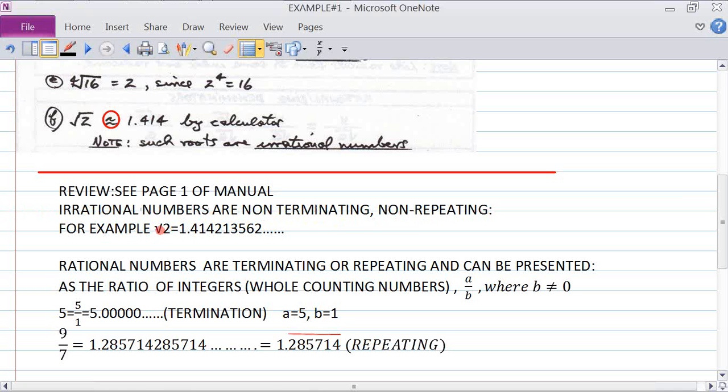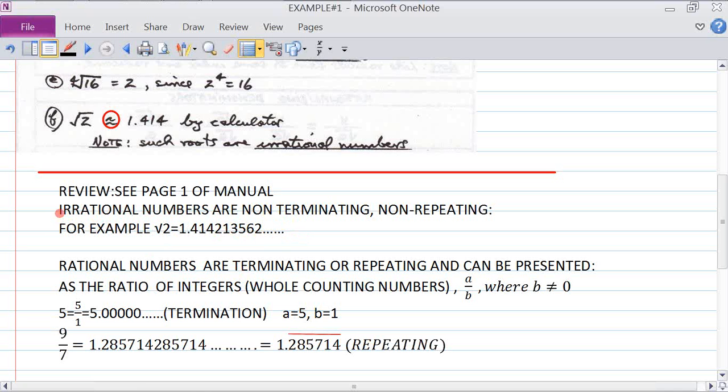Here, this designation means the square root of 2. I just rounded it off so that there were 4 digits. But if you just keep on continuing, you get 1.4142135 and so on, and these dots indicate that the number doesn't terminate. There's no repeating here, and the number doesn't terminate. If that's the case, we call it an irrational number.